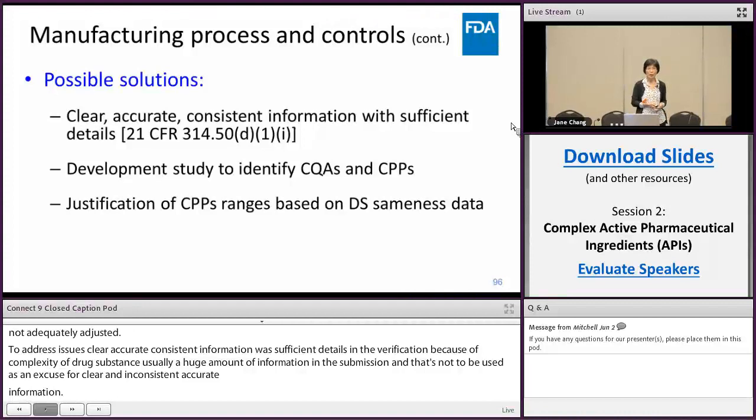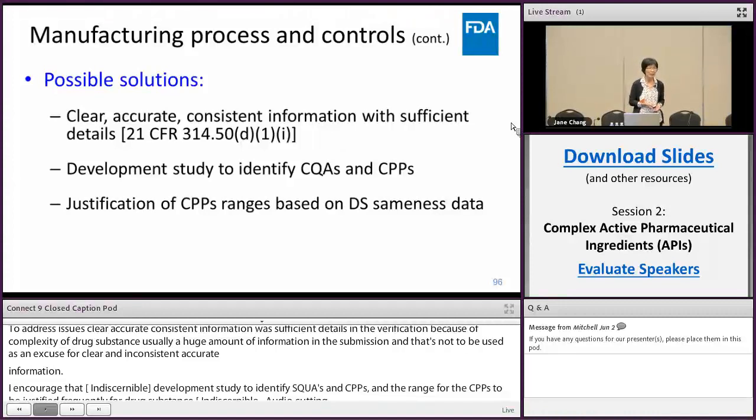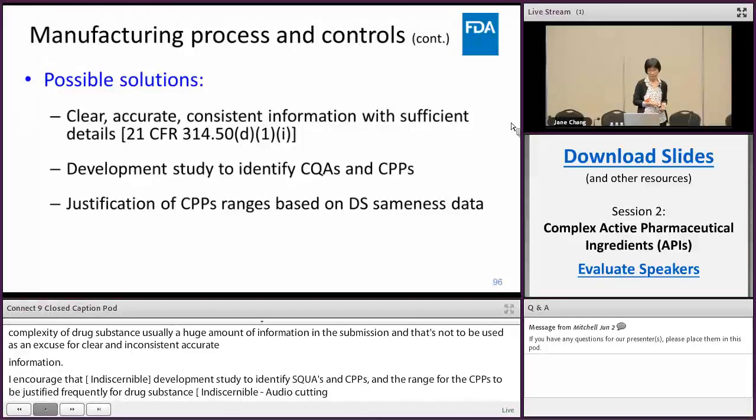Frequently for a drug substance that is a mixture, such as enoxaparin or glatiramer acetate, it is highly recommended that the justification of the CPPs be based on sameness data. Once the CPPs and the ranges of these CPPs are identified, the information should be provided in section S2.4.